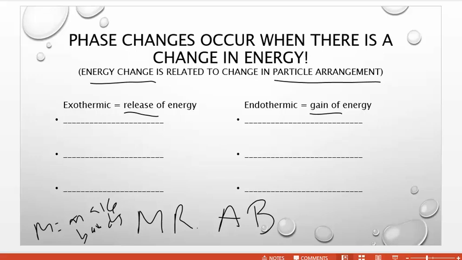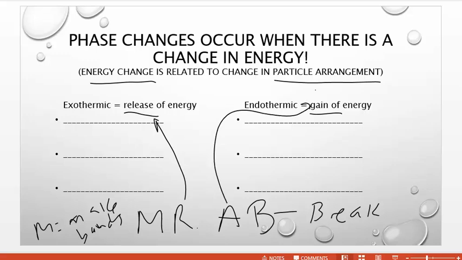Oh, you can't see that, but it should say bonds. Make bonds. And this B stands for break bonds. And this R stands for release, and this A stands for absorb, which is the same thing as gain. My O's aren't doing very well here.